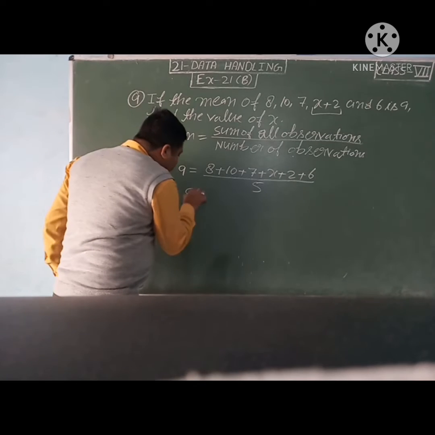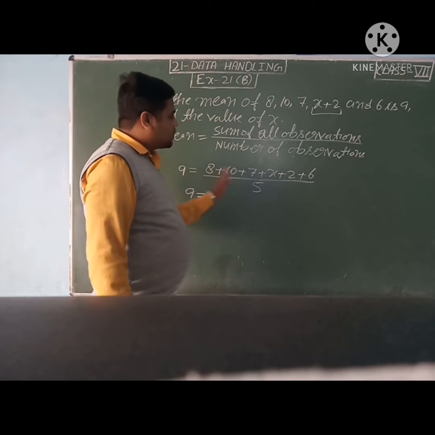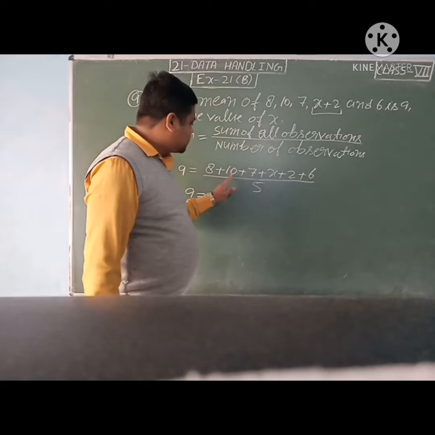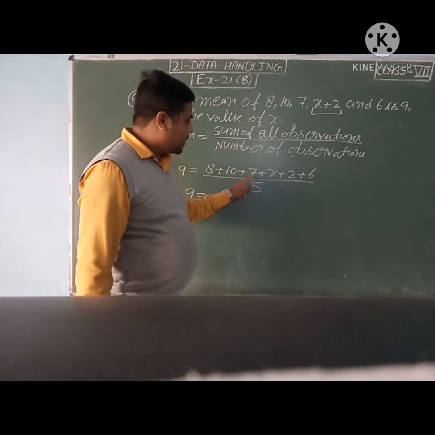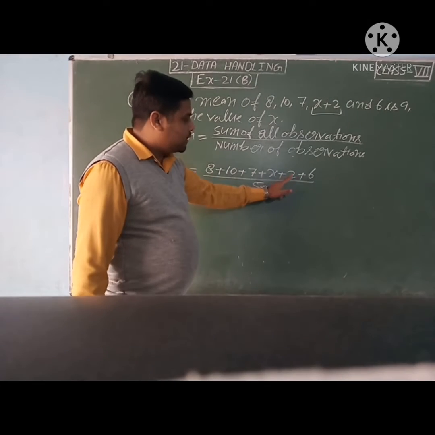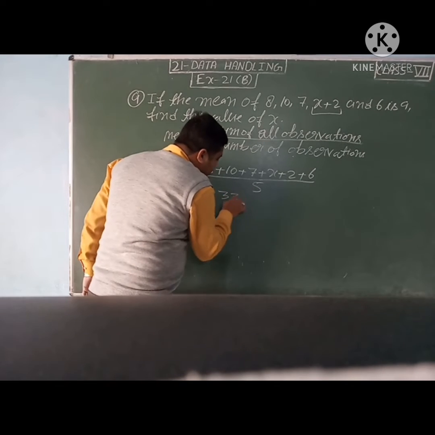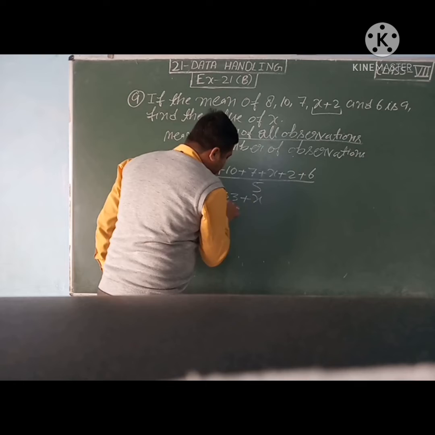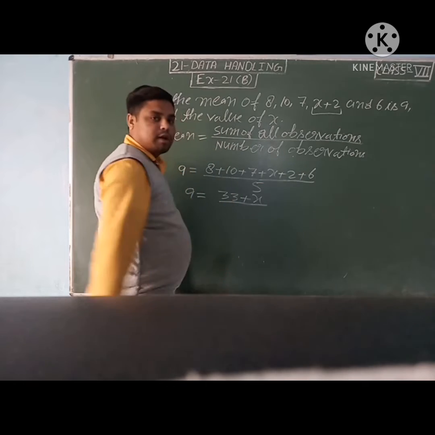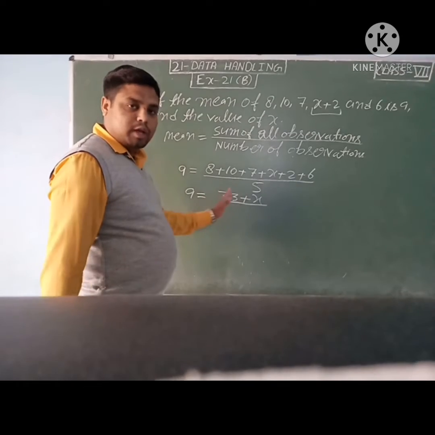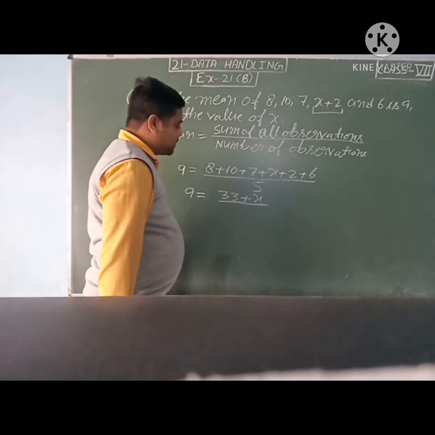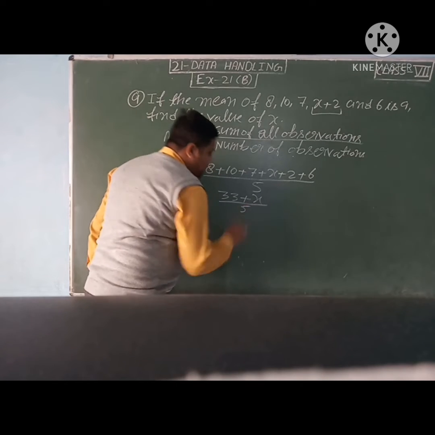So 9 is equal to, we will do the sum of this. 8 plus 10, 18, plus 7, 25, plus 2, 27, plus 6, 33, plus x. We cannot add x because they are unlike terms. So 33 plus x upon 5.